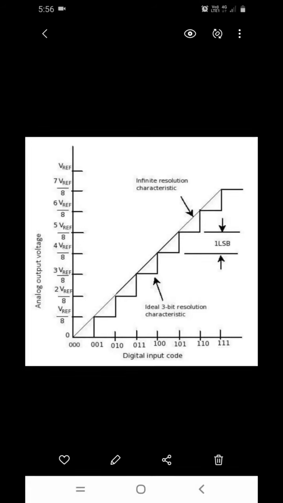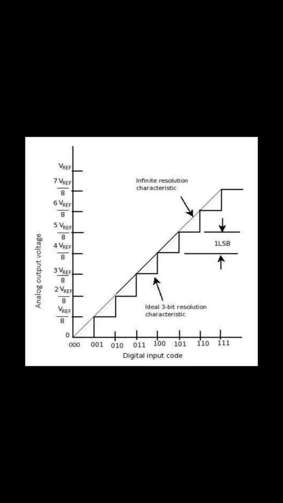So the voltage required to change 1 LSB is 0.625 volt. Also, the step size, or change in voltage between two codes, is 5 by 8 volt. So the step size for the given DAC is 0.625 volt.